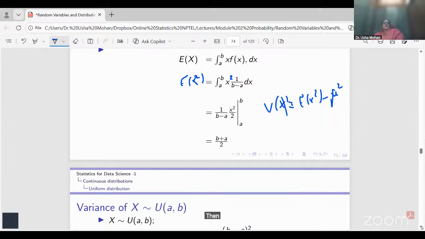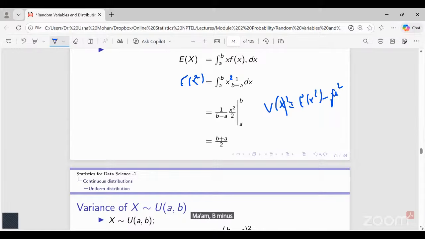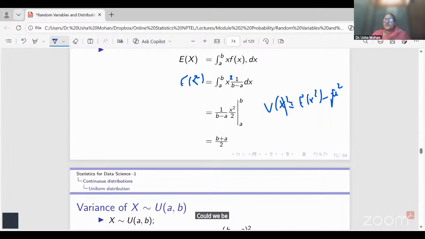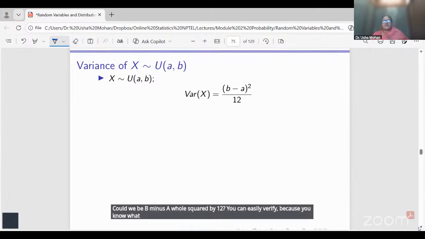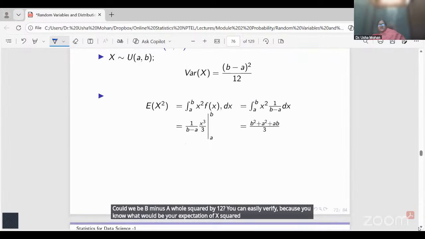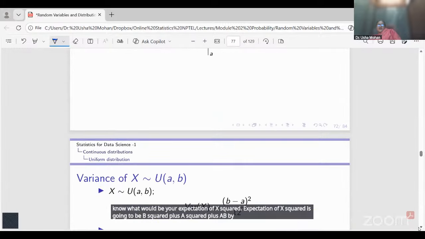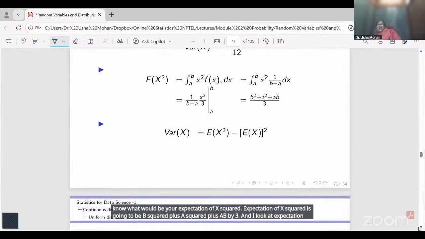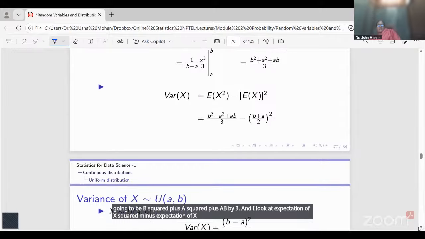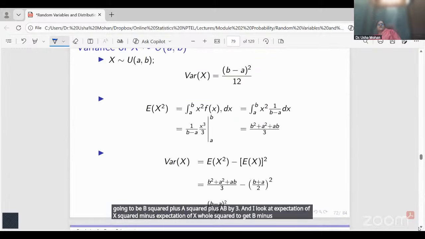Can you tell me what would be the variance? It would be b minus a whole square by 12. You can easily verify because you know what your expectation of x square would be. The expectation of x square is going to be b square plus a square plus ab by 3. And I look at expectation of x square minus expectation of x whole square to get b minus a whole square by 12. Is it clear?